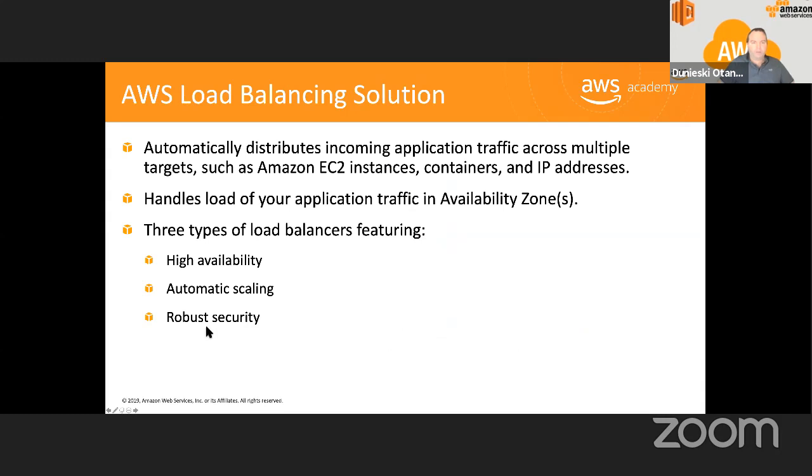It automatically distributes incoming application traffic across multiple targets. What are the targets? The EC2 instances. They are the targets. I'm going to give you a demo of how the EC2 instances can be registered to a load balancer, such as Amazon EC2 instances, containers, and IP addresses.